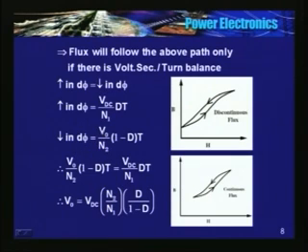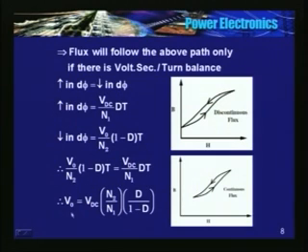Now the decrease in flux: V0 is the voltage applied to the secondary, V0 divided by the number of turns in the secondary, N2, into the time for which the secondary is carrying current, assuming it is in continuous conduction or at the boundary, remember, 1 minus D. So I will equate it: increase in flux should be equal to decrease in flux.